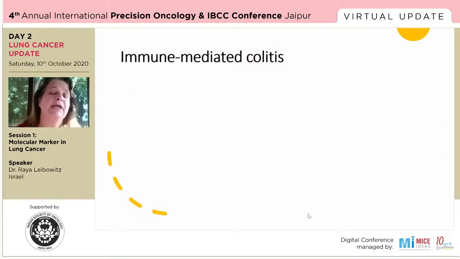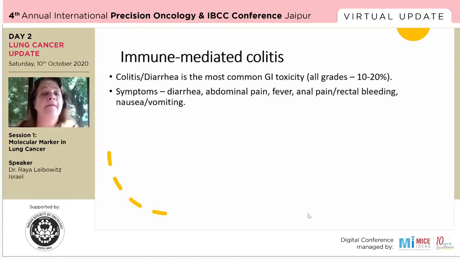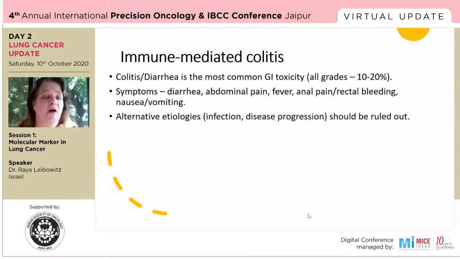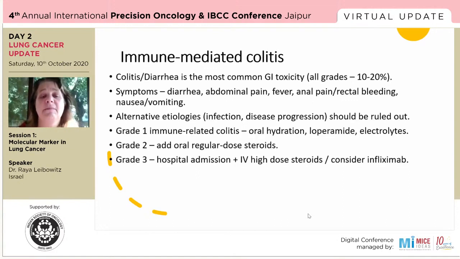So now I'm running quickly to immune-mediated colitis, and of course, colitis or diarrhea is the most common GI toxicity. And this diarrhea could be accompanied by abdominal pain, fever, anal pain, rectal bleeding, nausea, and vomiting. And we should always, of course, search for alternative etiologies. And this is, of course, the management.